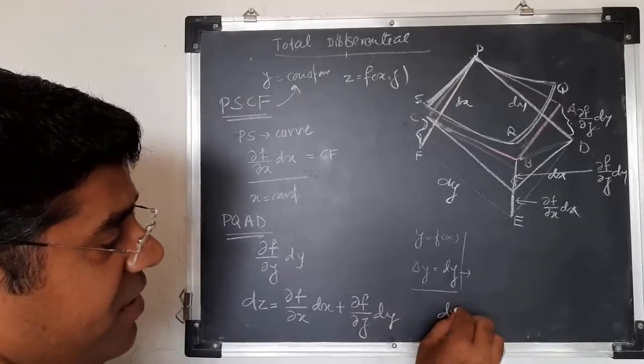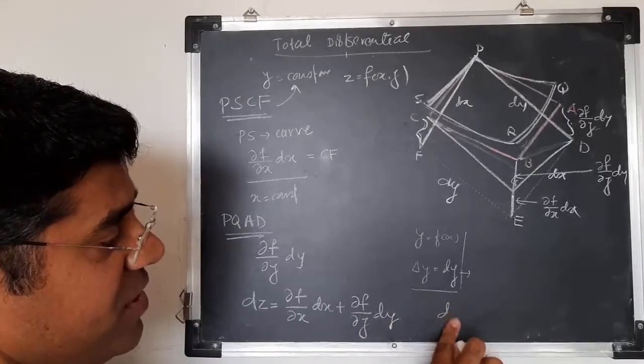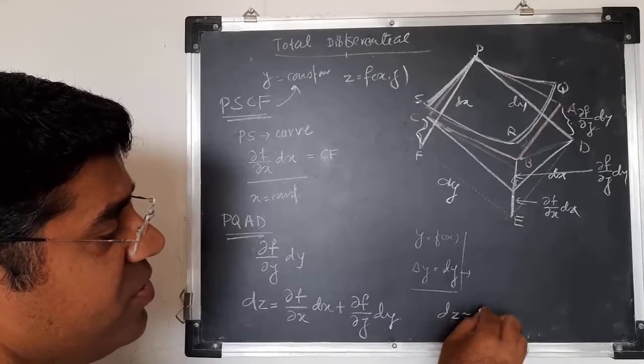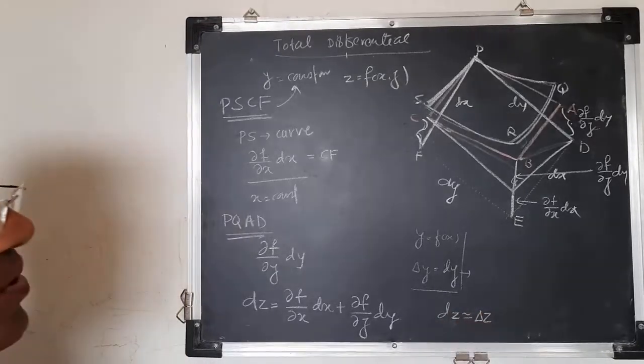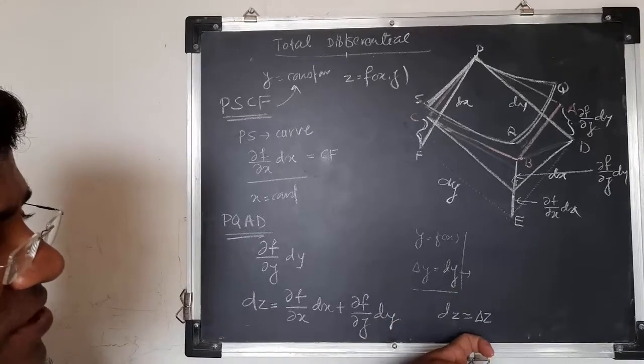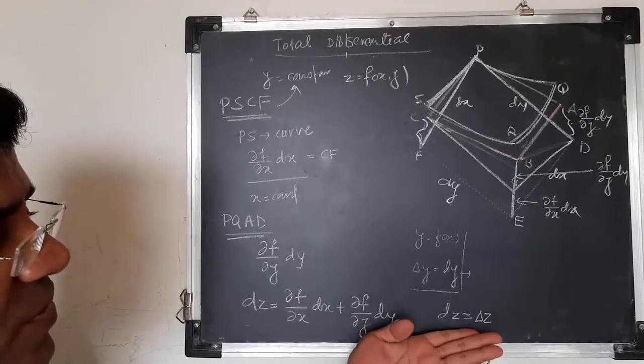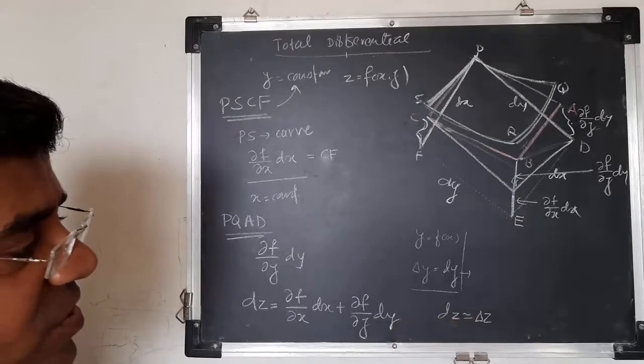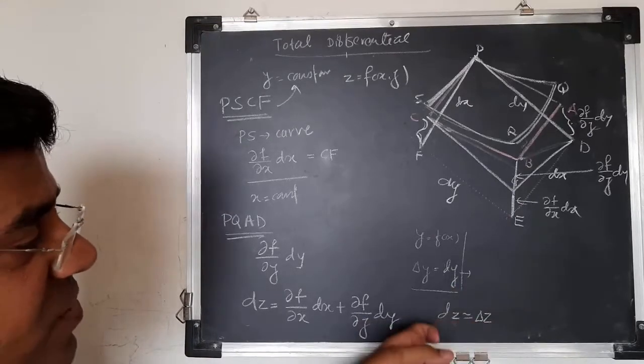Now dz is a good approximation to your delta z. In a previous lecture we saw this tangent surface approximation; you have to consider the tangent approximation, or linear approximation, and using that you can see.